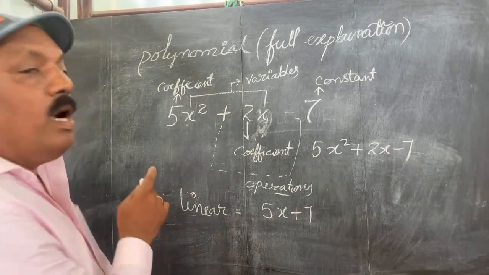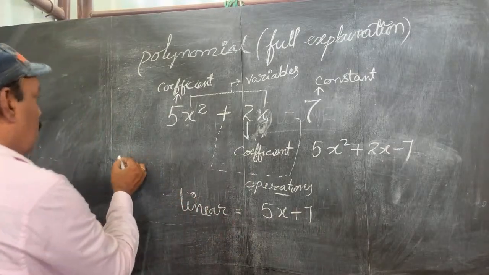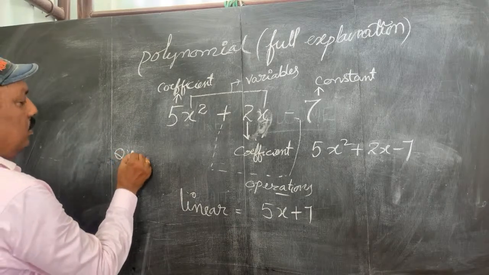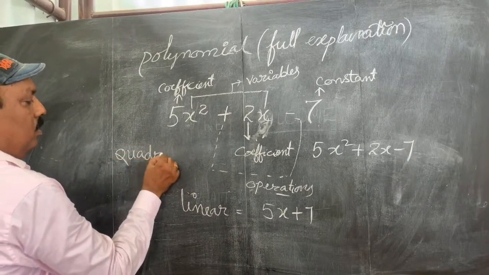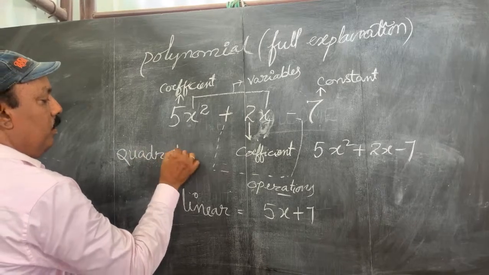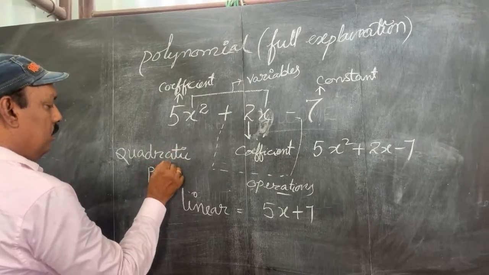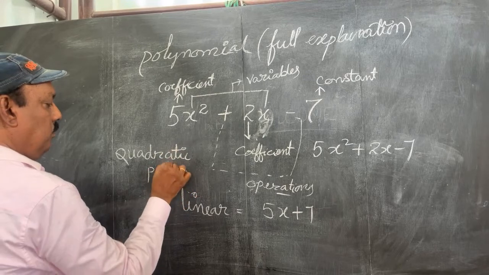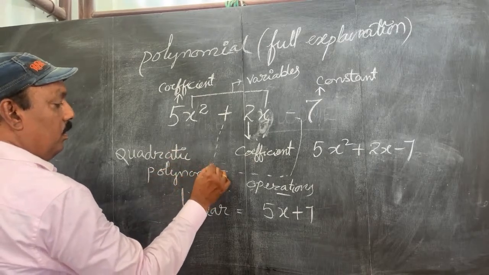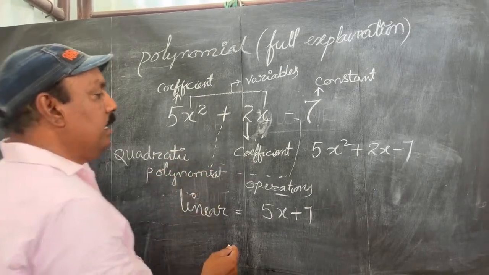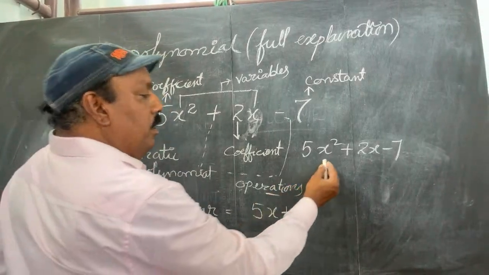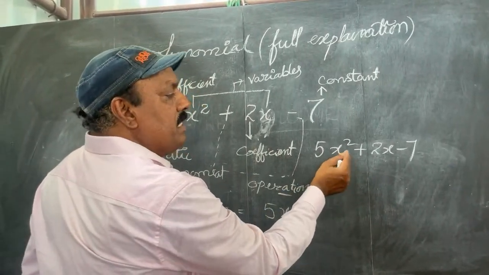Second one is the quadratic polynomial. A quadratic polynomial is one where the variable has power 2.